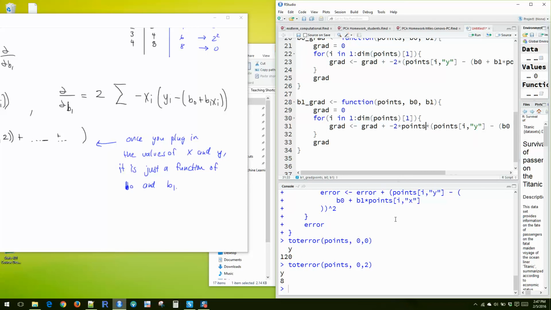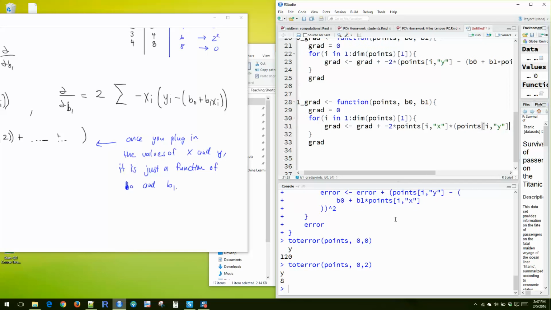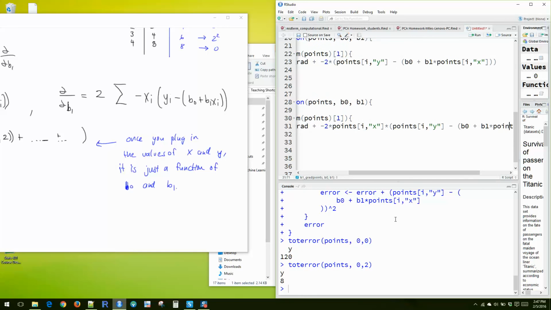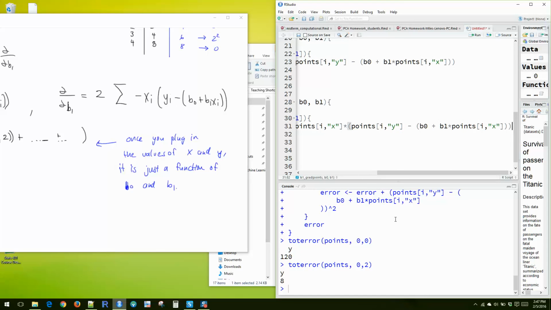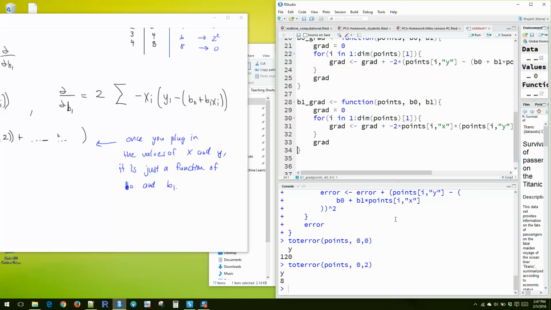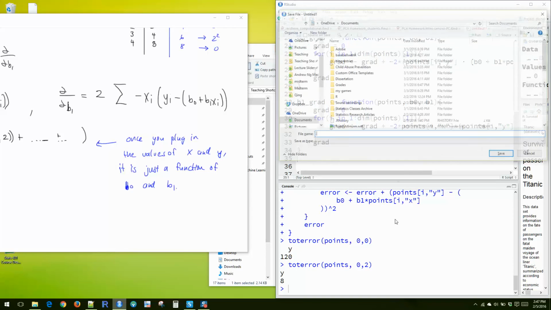So points at x sub i, so i comma x, times everything in this thing, points minus that. Okay, so I think the gradient with respect to b1 looks like this. Okay, so we have our two gradient functions.